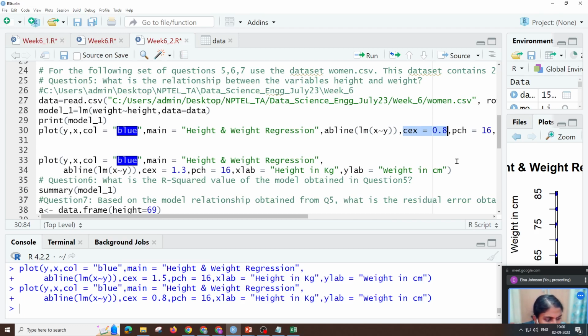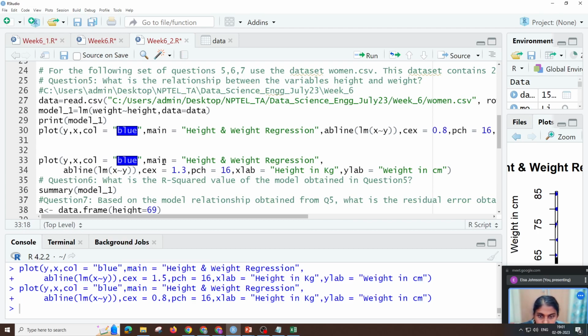The other one is pch, which is to set the character, that is for the plotting characters. Likewise another thing is the color. All those things you can change, but these are not required. If you exclude these also, the plot will directly form.